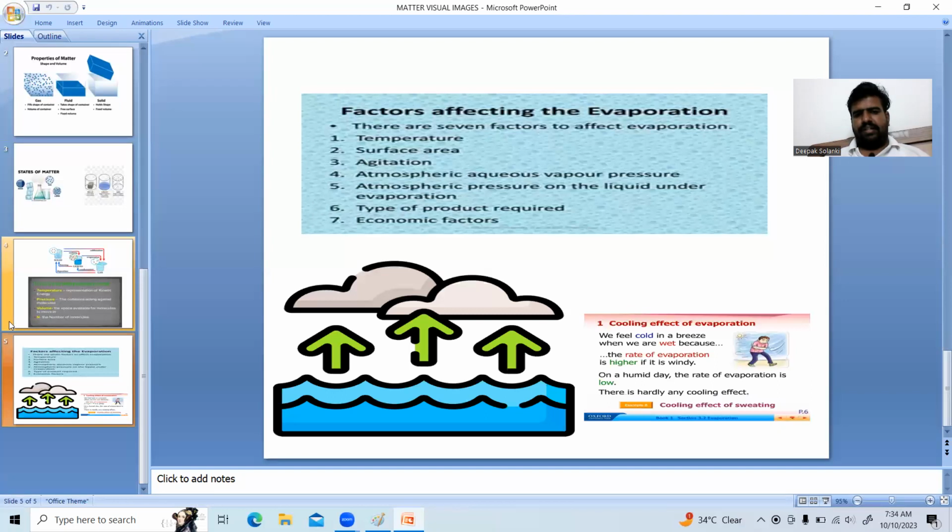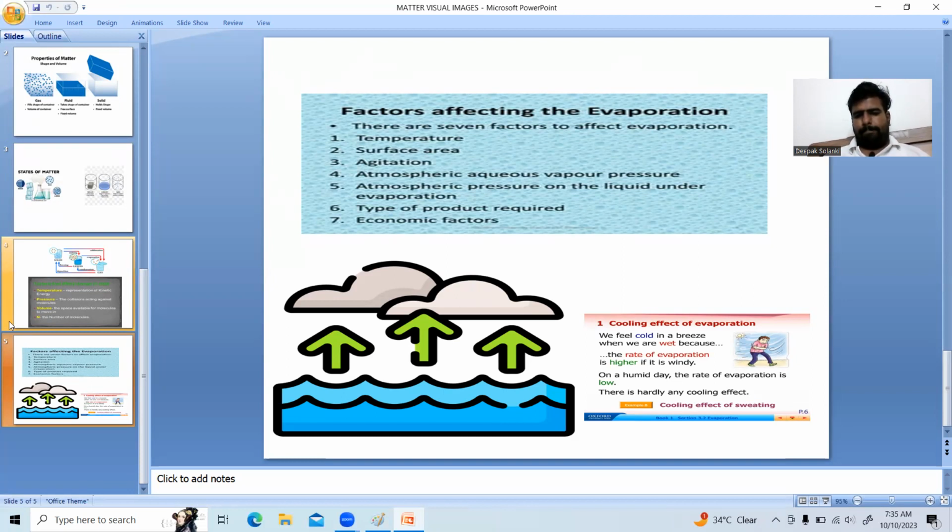As we increase surface area, evaporation is faster; for example, when we dry clothes on rainy days, spreading them out increases the surface area so evaporation takes place faster. Humidity also affects evaporation.